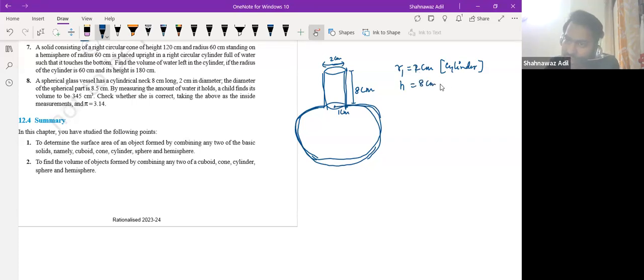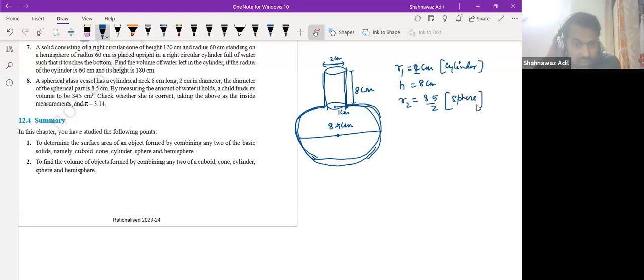R1 is 1, right? The diameter of the spherical part is 8.5. So this diameter is 8.5, so radius would be 8.5 by 2. This is the sphere.